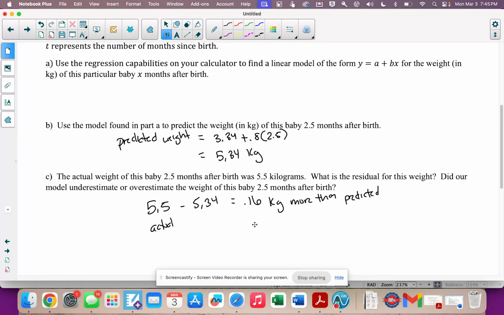So if the baby weighs more than predicted, then what you would say is that the prediction underestimated the weight. So this would be one of those babies that's probably like in the 90th percentile, right? It weighs more than what it's predicted to weigh based on its age.